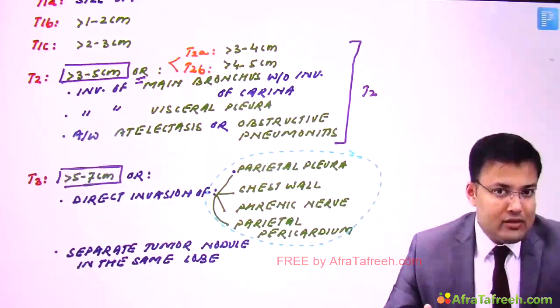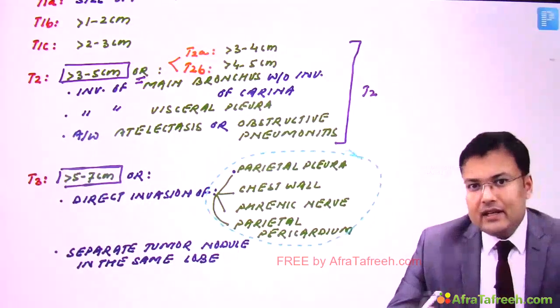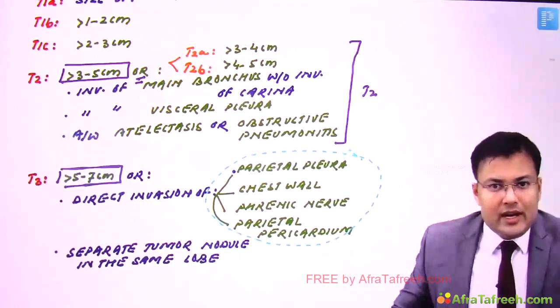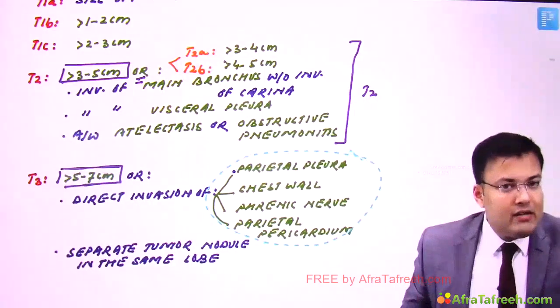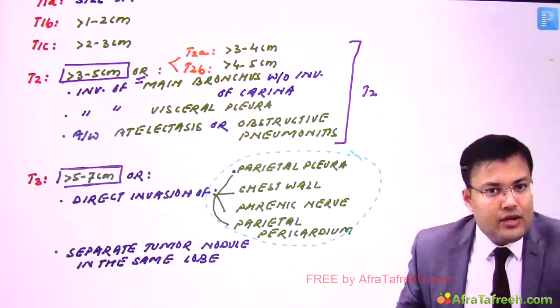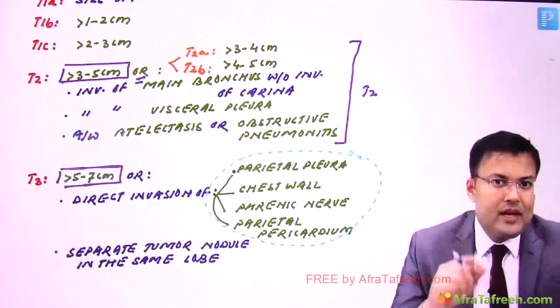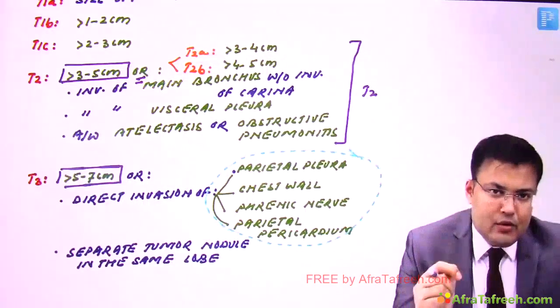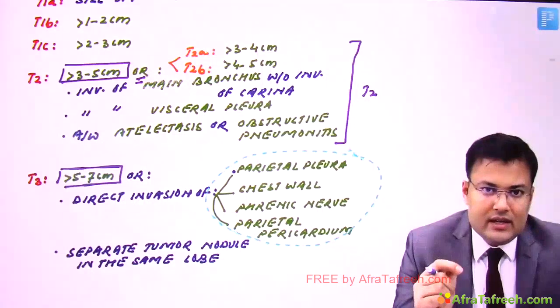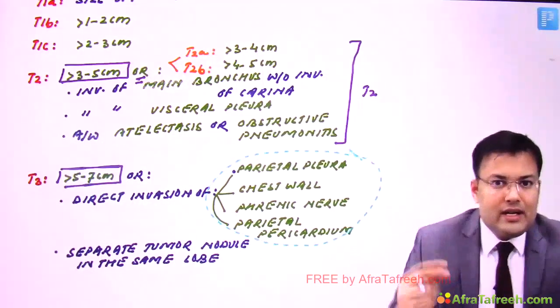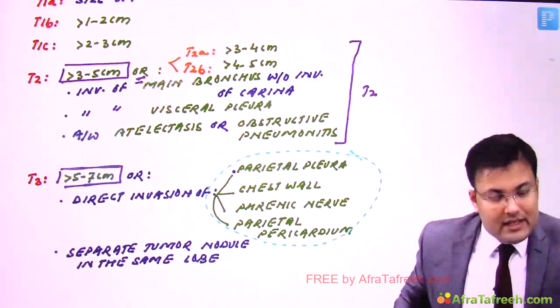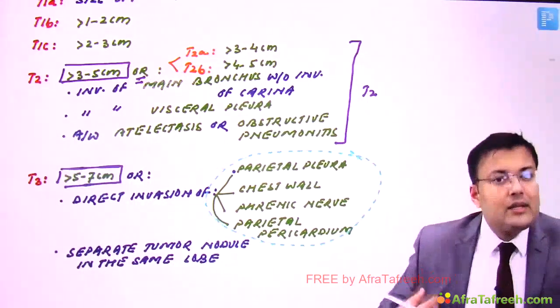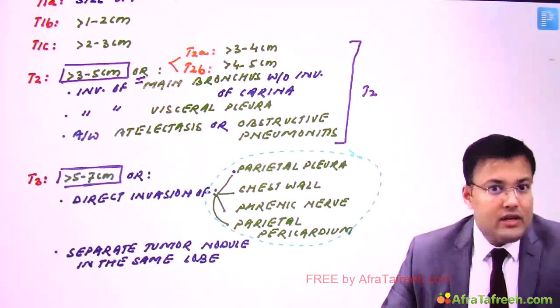And imagine a second situation, if there is a separate tumor in a different lobe, then it will be included into T4. So I'm repeating, if there is a separate tumor in the same lobe, it is included in T3. If there is a separate tumor in the same lung, in some other lobe, it is included in T4.